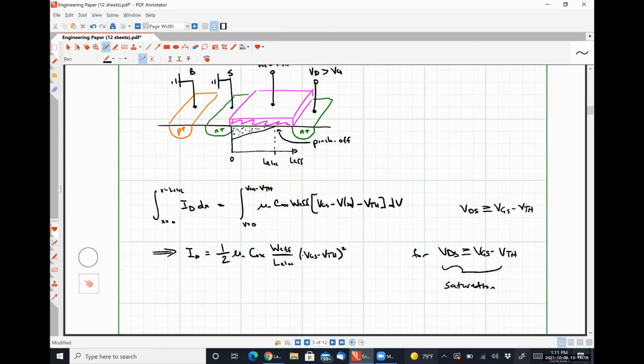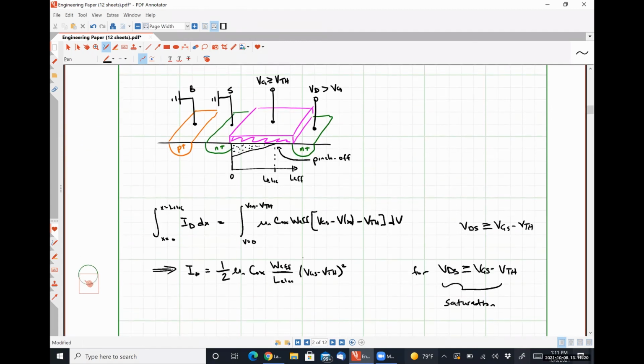Let me go back to this drawing here, all right? So if VDS were exactly equal to the overdrive voltage, pinch off would occur right here.